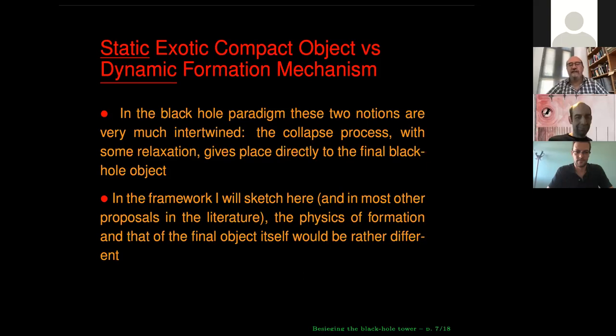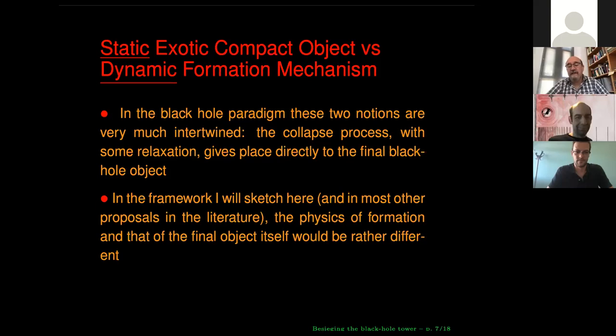So in some sense, the formation of the object leads directly to the final object in astrophysical terms, because whatever happened in the regions close to the singularity would not affect the astrophysical way in which these objects behave.